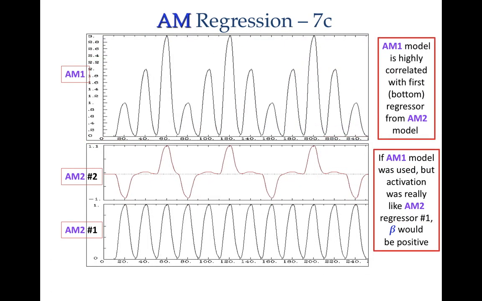So here's a comparison of the regressors. The AM1 is on top, and the two AM2 regressors are on the bottom. Now, suppose that we have a time series of data that looks like the bottom, the AM2 regressor number 1. That is with noise, of course, but it doesn't care about the ABI parameters.